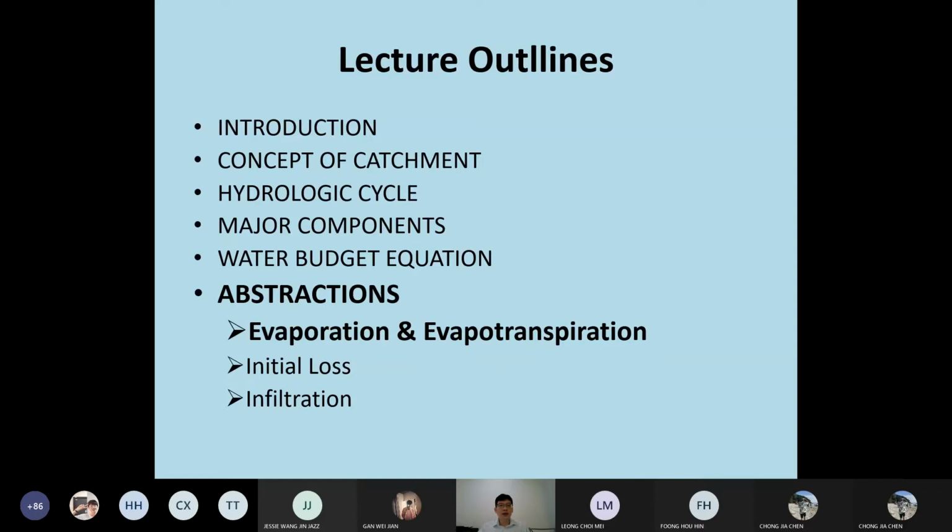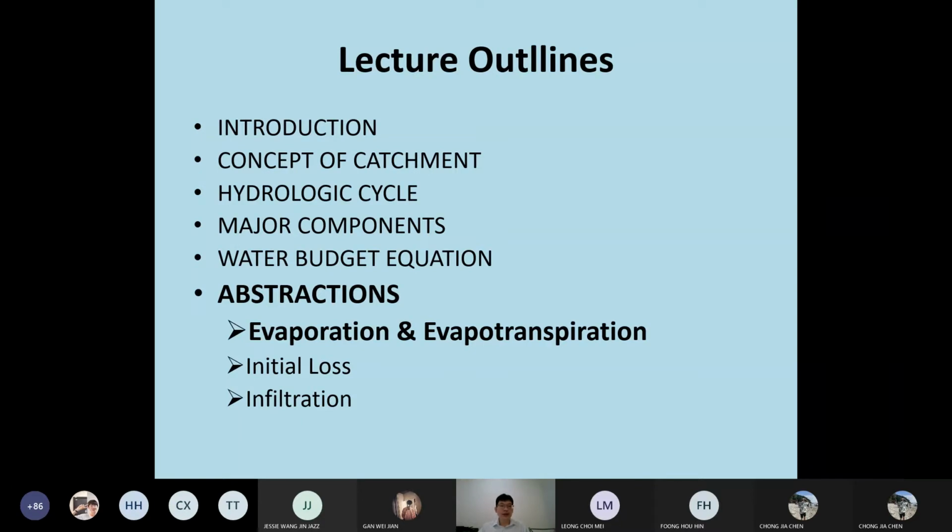As part of the water budget, we talk about the rainfall. We can use the rain gauge to do the measurements, and we can get the data from the Department of Irrigation and Drainage, DID. We can also get the data of the surface runoff through measurement of the stream flow, which is also a variable in DID.